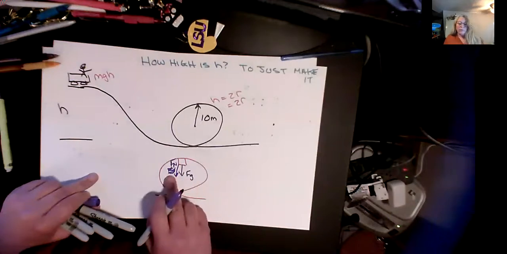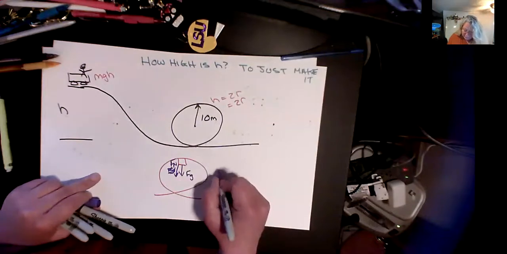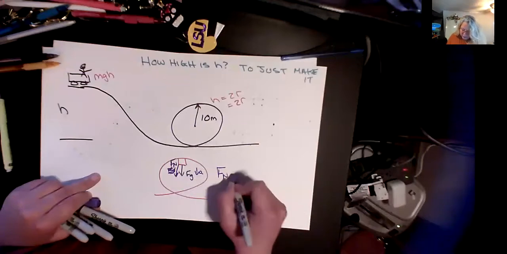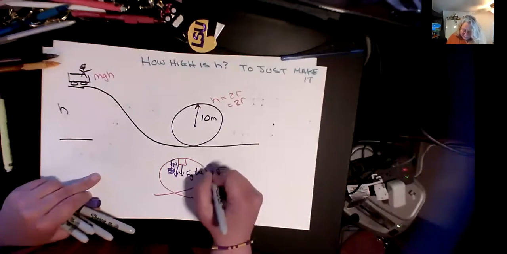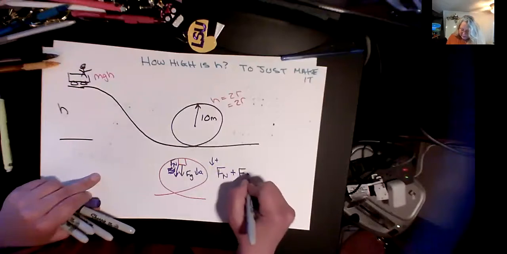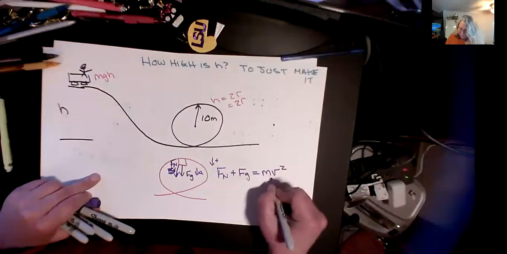So our normal is always perpendicular to the track. I can go like this. I can go then force normal. So here's going to be my center seeking acceleration plus, I say that this weight is positive, plus the force of gravity equals mv squared over r.